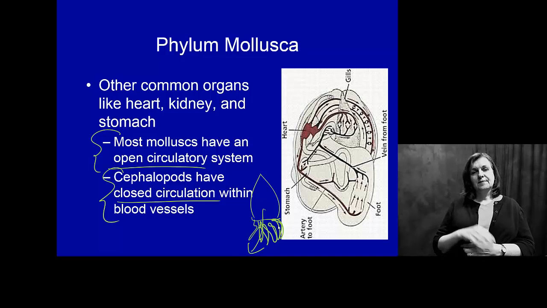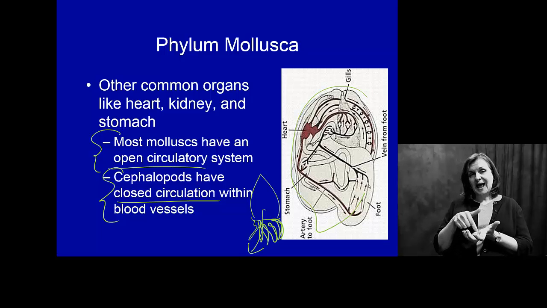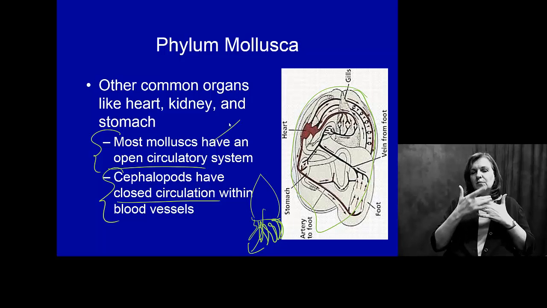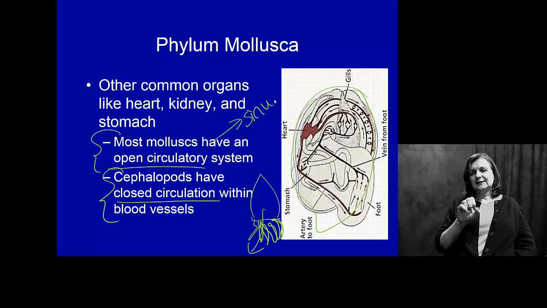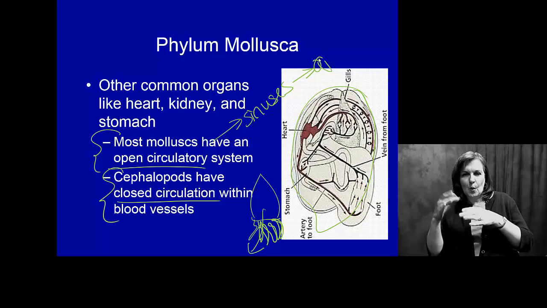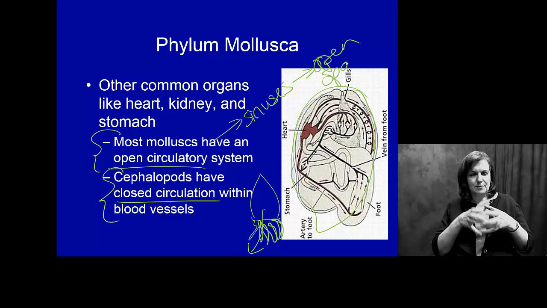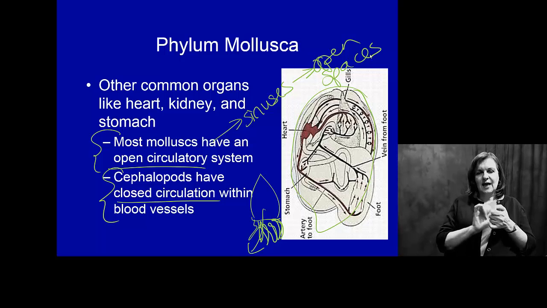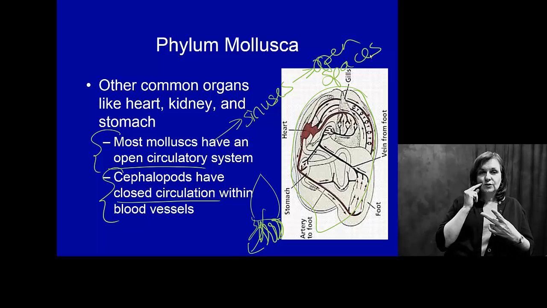So we do see clams and such that have this open circulatory system. It essentially means that the blood is drained into something known as sinuses. So these are kind of like the sinuses in your head, in that they're just open spaces. And when the blood is in these spaces, it essentially just surrounds the organs and they pick up the oxygen and nutrients that they need simply by diffusion.